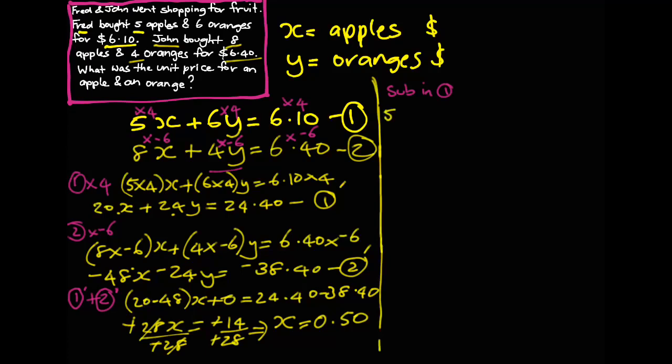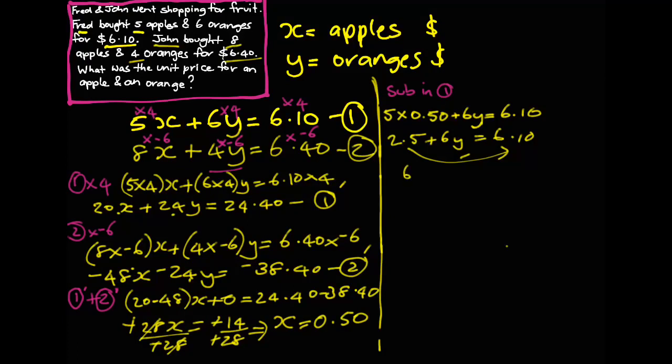So 5 times 0.5 plus 6y equals $6.10. So 2.5 plus 6y equals 6.10. And this 2.5 can come over here on the other side of the equal sign, but because it's a positive 2.5, it's got to come over as a negative.